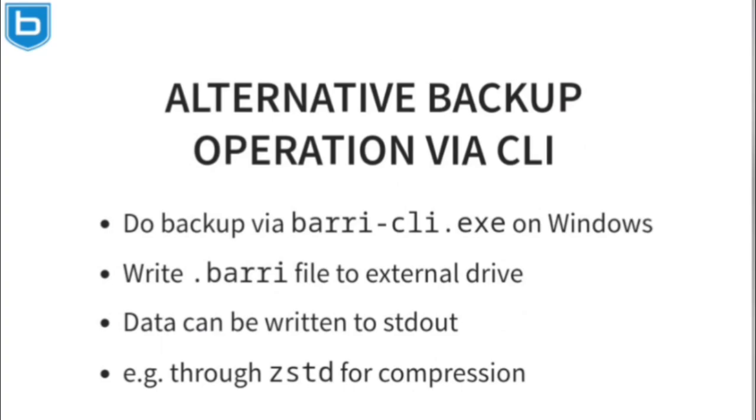It creates a VSS snapshot, reads out all the data that is required, and can write it both directly to a disk or even to standard out. And that's quite handy because if you do it like this, it makes sense to pipe it, for example, to Z standard that will compress the image to a much smaller size, which is good if you are using some kind of USB stick. You don't need to have such a big one.